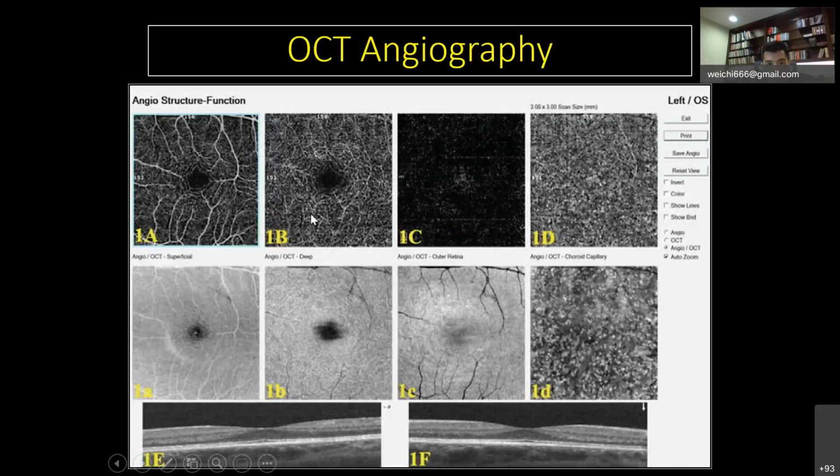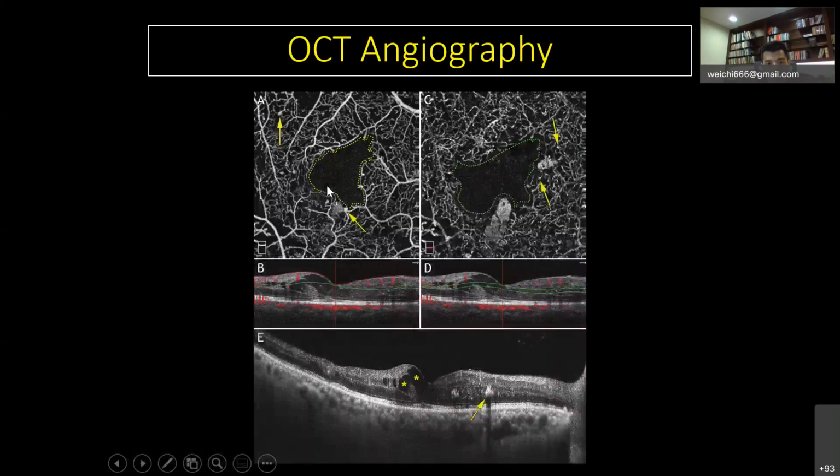So this is the avascular fovea center. So for example, if the patient has diabetes and that causes diabetic retinopathy, there is loss of this retinal vasculature, and the foveal avascular zone is abnormal as well. On the structural OCT, you will see the macular edema here.